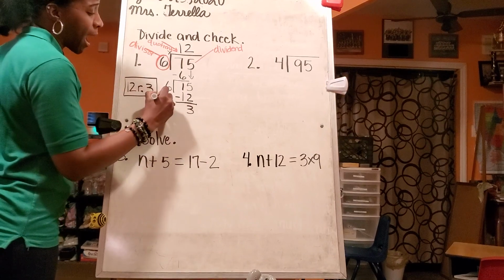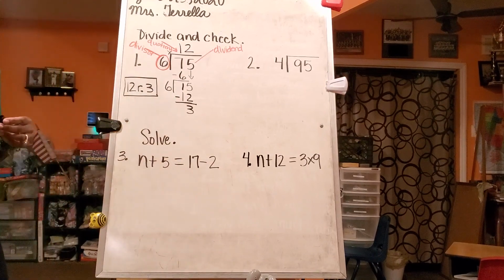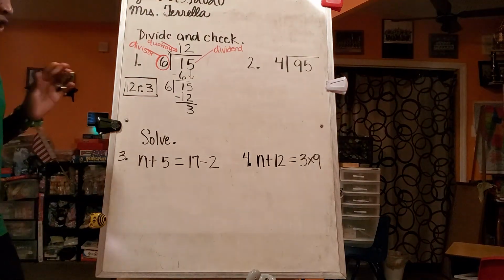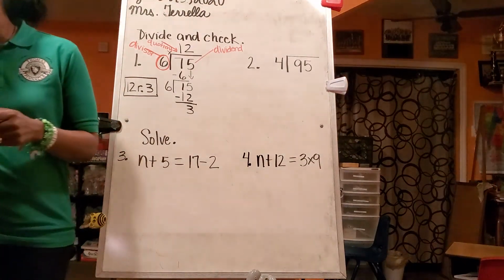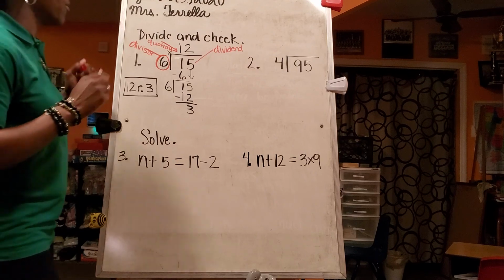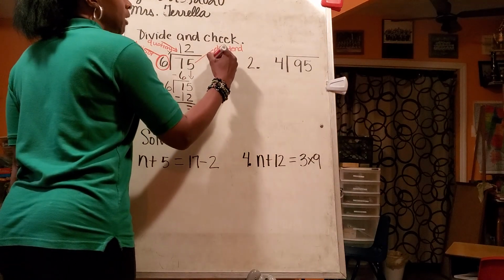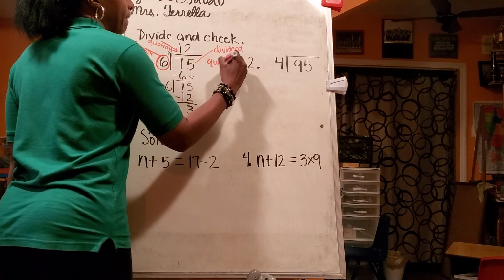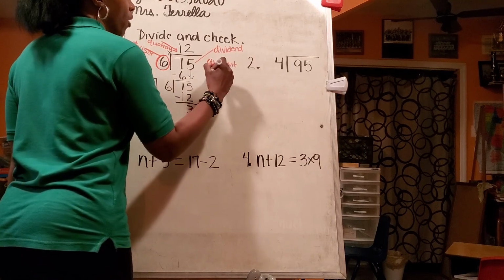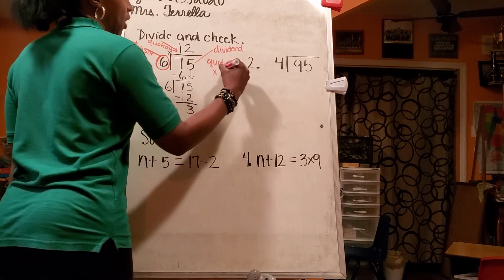But before I can really say that's my quotient, I need to check the problem. So let me go ahead and check it. I told you yesterday that when we're checking this, we're going to take our quotient. We're going to multiply it times our divisor.